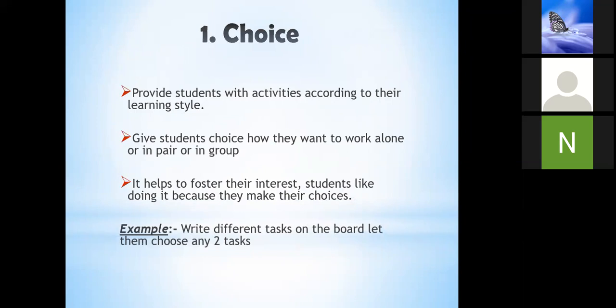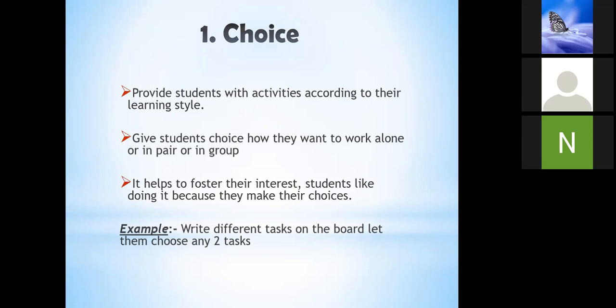Now, the first of the 4 C's techniques is choice. Provide students with activities according to their learning style. Give students a choice how they want to work, alone, in pair, or in a group, because it helps to foster their interest, because every student has their own likes, interests, abilities and intelligence.